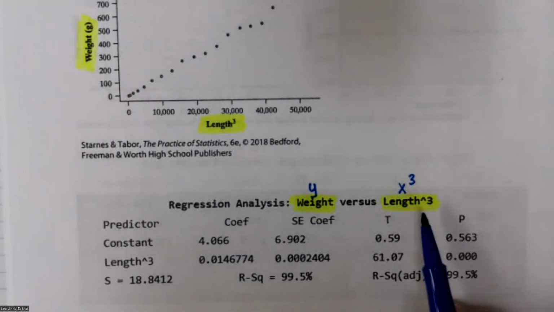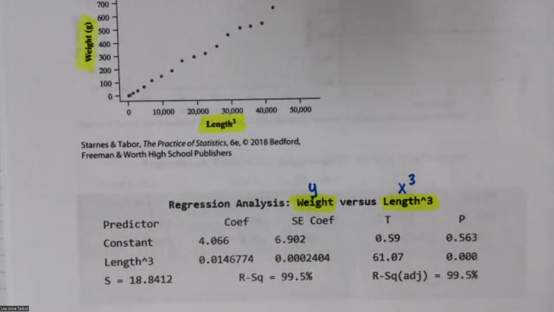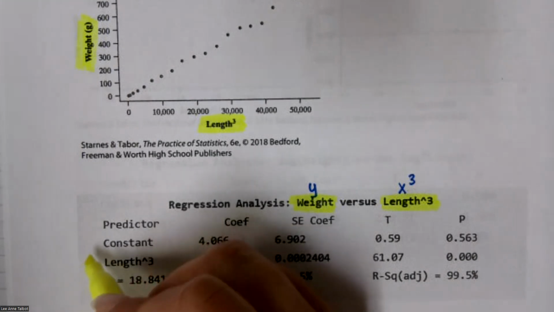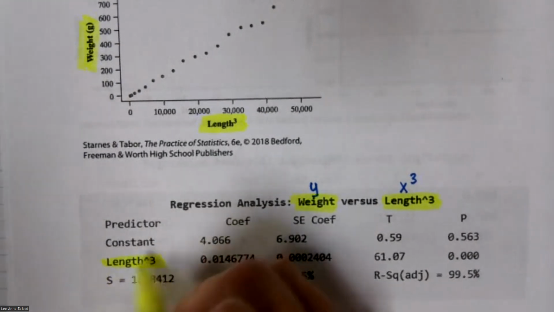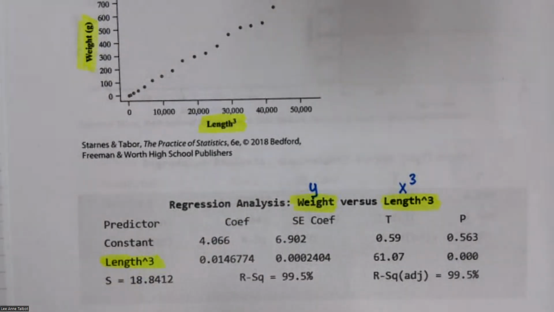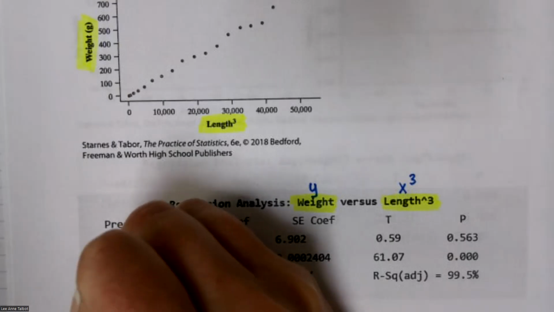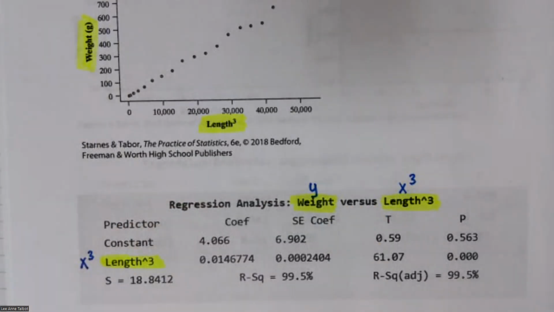Do you guys, by the way, all know that this little up caret means cube, just like you type it in the calculator? Okay. All right. You can also tell here that you have x cubed. Okay. So your question is, what does that mean for the equation?